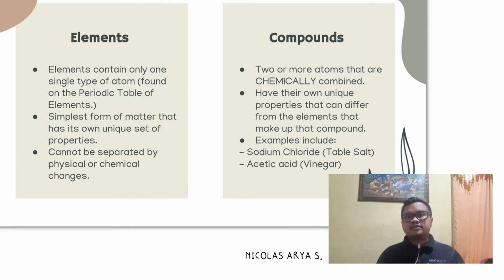The next type of pure substances is compounds. Compounds are two or more atoms that are chemically combined and have a bond. They have their own unique properties that can differ from the elements that make up that compound.